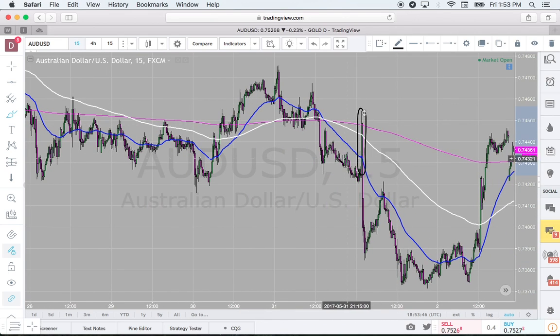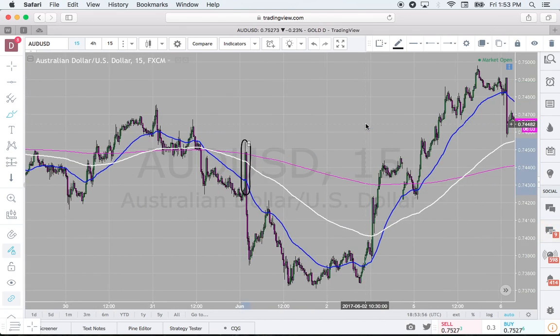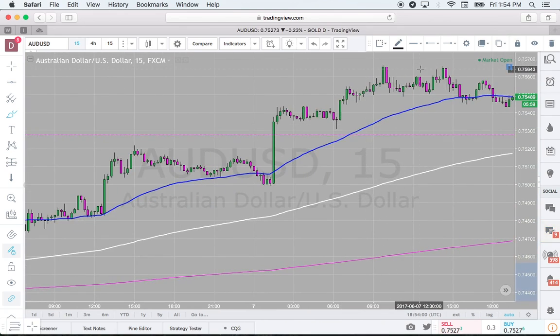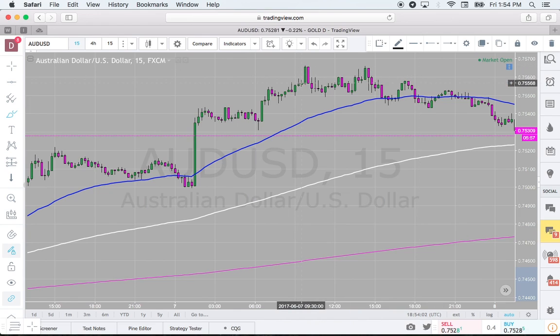When you see a spike to the high or the low, for example, right here, we can see the first leg of the M was created, and then the second leg was created with the railroad tracks you can see there.